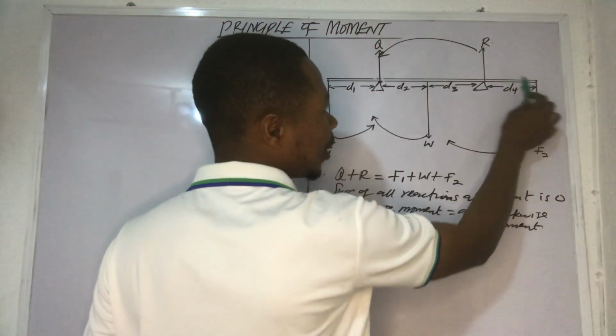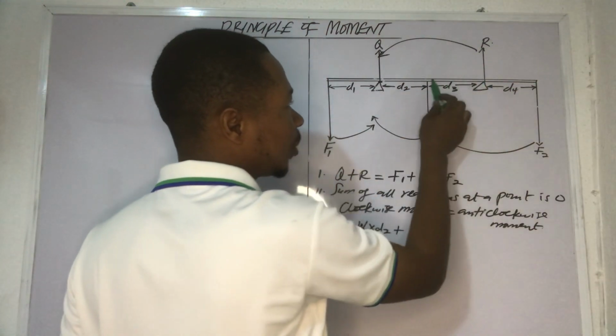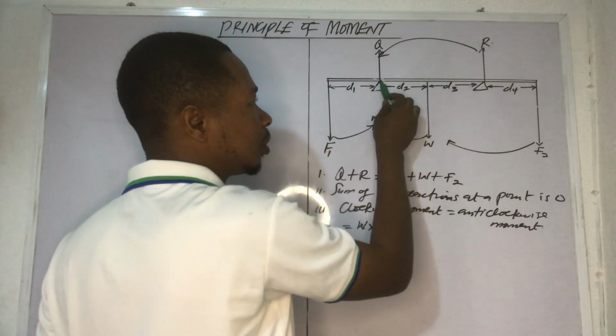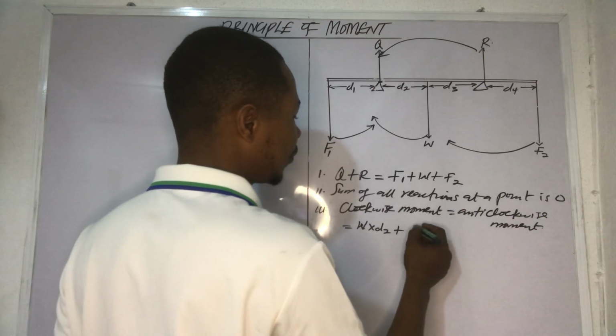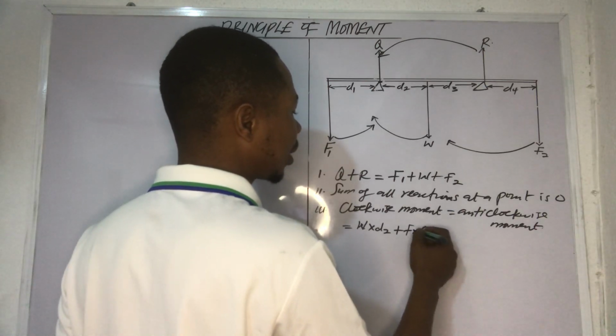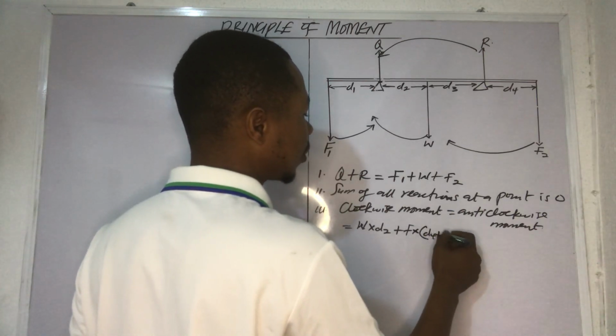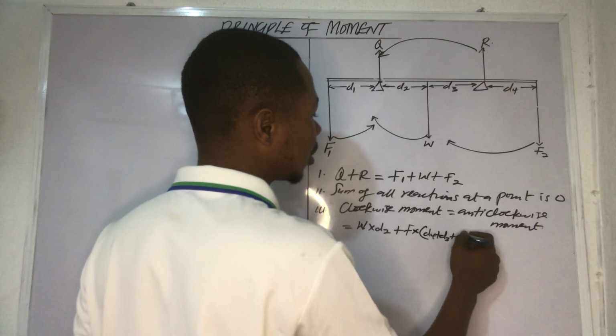The distance from here to here is D4, from here to here is D3, and from here to here is D2. Then the total distance from here to this place should give F2 times open bracket D4 plus D3 plus D2.